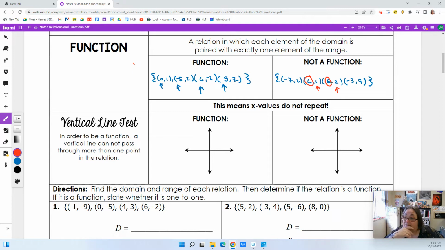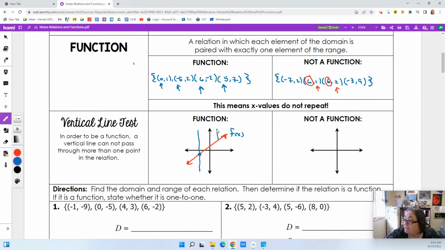Another thing that we can do to find out if something is a function is what we call a vertical line test when we graph it. If I had an equation graphed, the vertical line test says that if I drop a vertical line anywhere into the graph of this equation, we'll call it f of x, it can only cross the graph of that equation in one spot.